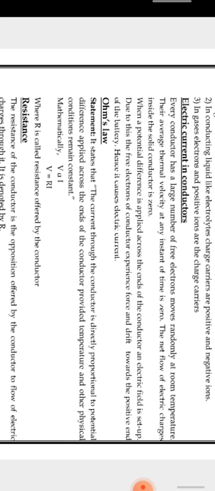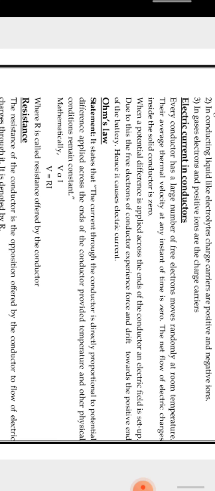If you take another one, HCl, we get H plus and Cl minus, in which also positive and negative ions are there. So in an electrolytic solution, the current carriers are positive and negative ions.